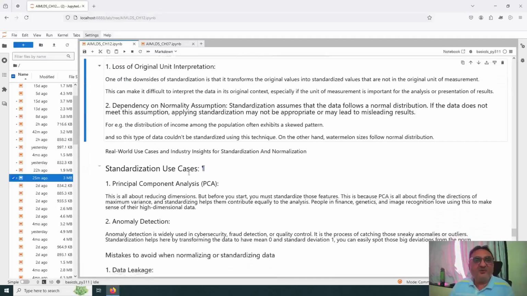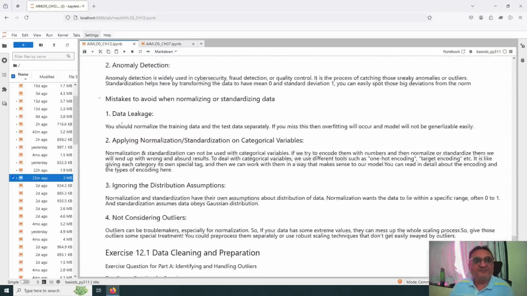But if you do normalization or standardization on train and test data combined together, then you have missed the most important point. This point is called data leakage. As a result of data leakage, your model will be overfitting. Overfitting means it will give excellent results on the trained data set, but as soon as you try it on some unknown data points, its accuracy will fall like anything.